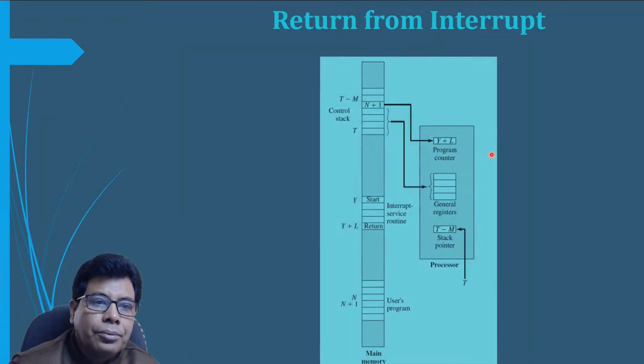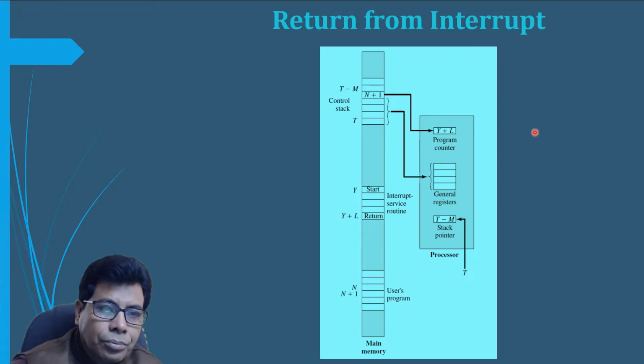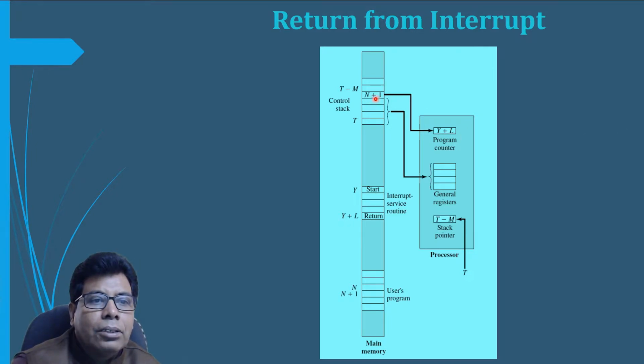Let us see that. So here again, whatever is on the stack will be brought back here. So n plus 1, the instruction, so here the program counter will have this value, and the general registers which were stored here will be back into the general registers, and the stack pointer will always point to the top of the stack.